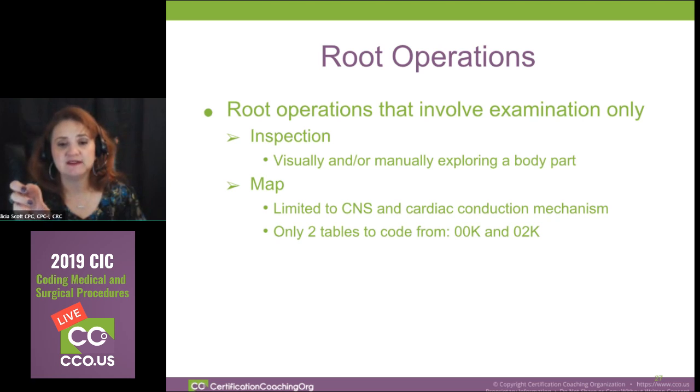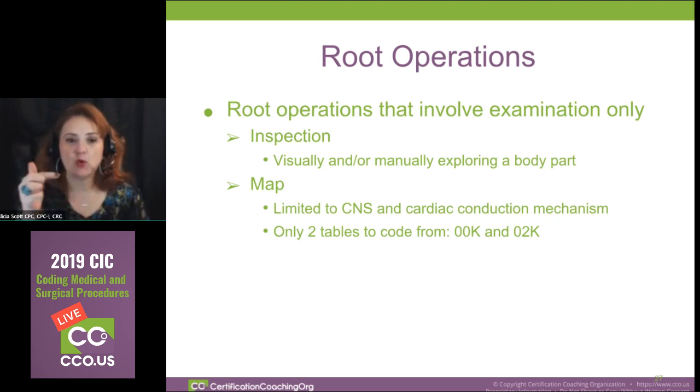Now, this note says limited to CNS, central nervous system, or cardiac conduction mechanisms. You can map. There are only 2 tables, because we're in med surg, O, and then OK or O2K.